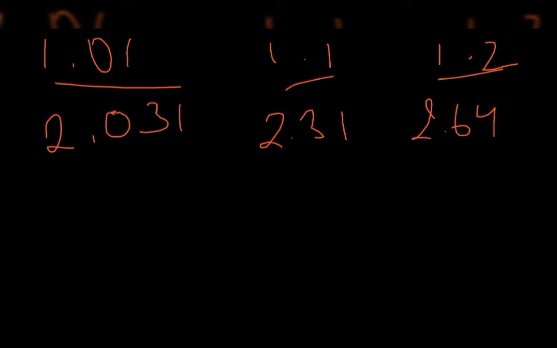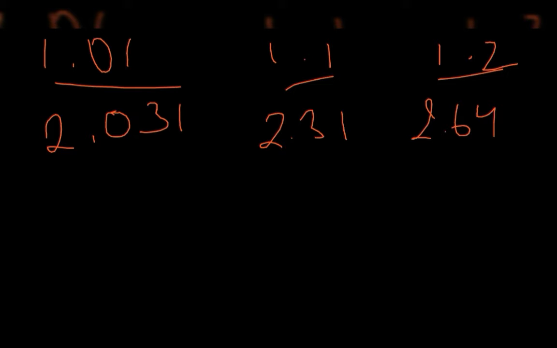Now if you approach from the right side, let's say 1.01, 1.1, 1.2. If you approach from the right side, you can see it is coming 2.64. I have actually calculated these values beforehand. You have to calculate for now. Later there are shortcuts, later we will do how to solve limits.